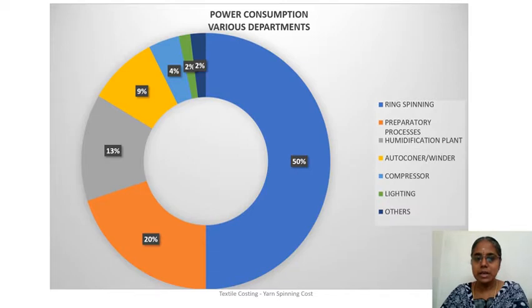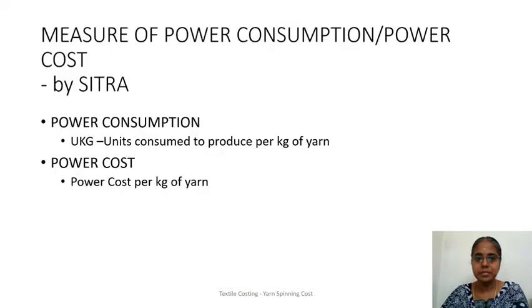The same is shown in the pie chart, so that we get a better understanding of where the power costs are high. If we compare this for various counts, we can see the variations, since the pictorial representation gives a better understanding. The measures of power consumption and power cost for comparison are given by CITRA.